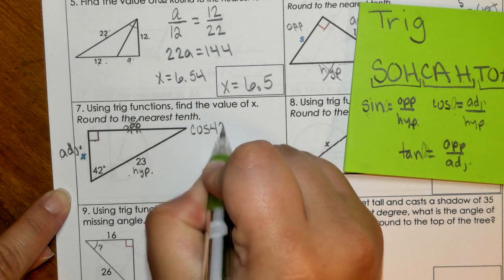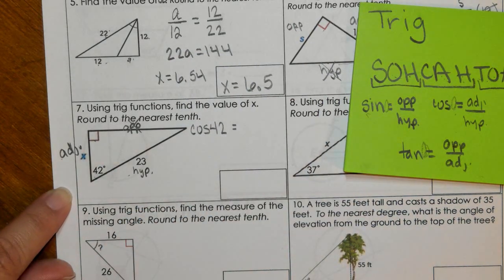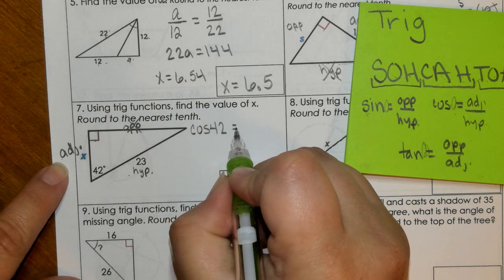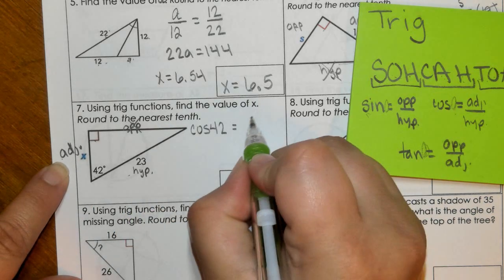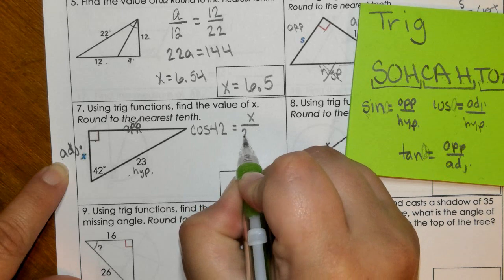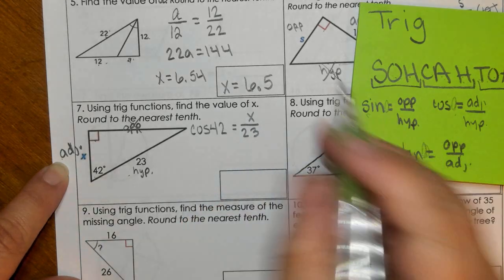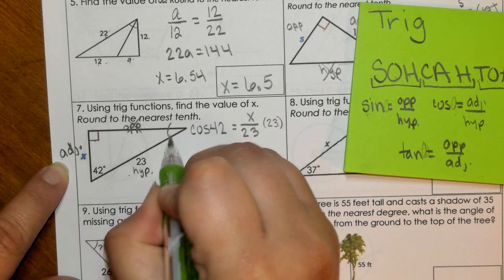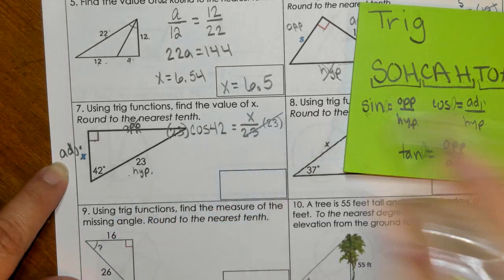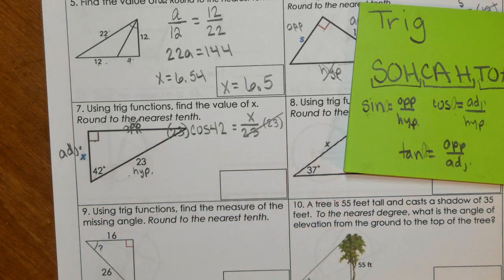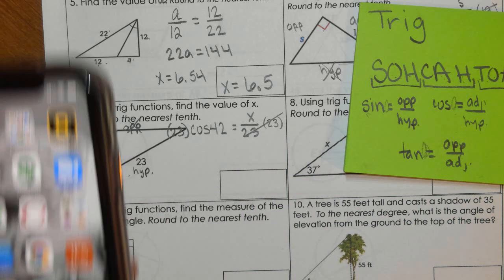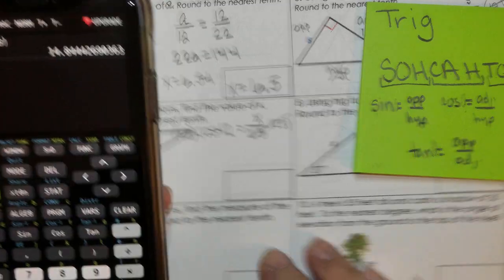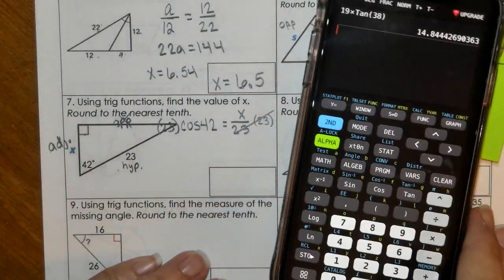Cosine of the angle would be x over 23. Now, we're going to multiply both sides by 23. And I go back to there.